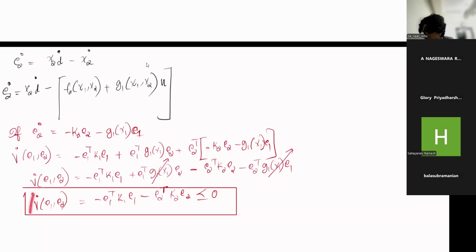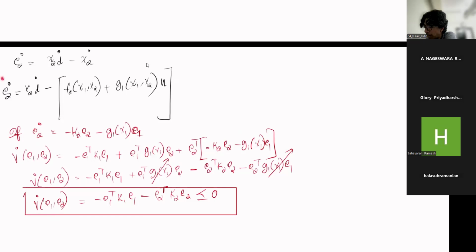This V dot is always going to be less than 0. So that essentially means the system is going to be stable. The stability of the system can be ensured. So if E2 dot is something like this, we can basically guarantee that the system is stable.